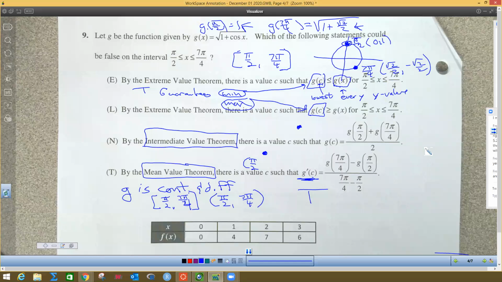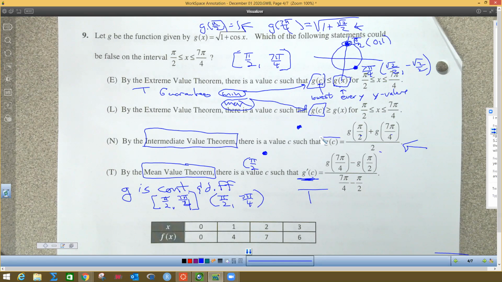So is this statement telling us that every value between these two y values is going to be hit? Is that what this means? No, it's just saying that G of C will equal the average y value. You see how you're adding the two y values and dividing by 2?